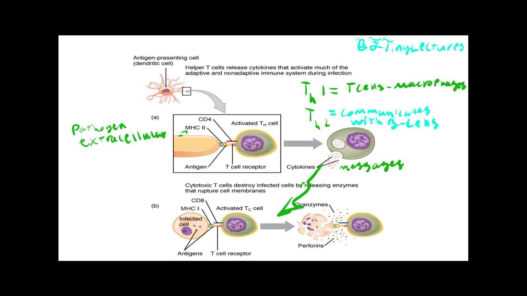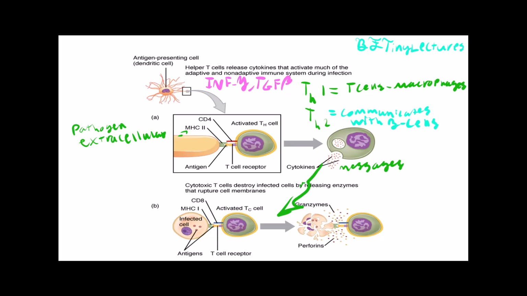But now we have to ask ourselves a question: how does the body know when to increase immune response and when to decrease immune response? Well, the T helper 1 cells and the T helper 2 cells are going to release cytokines, but the T helper 1 cytokines are a lot different than the cytokines from the T helper 2. Specifically, we have something called the interferon gamma cytokines, and we also have the transforming growth factor beta.